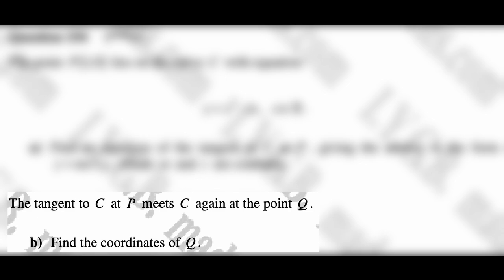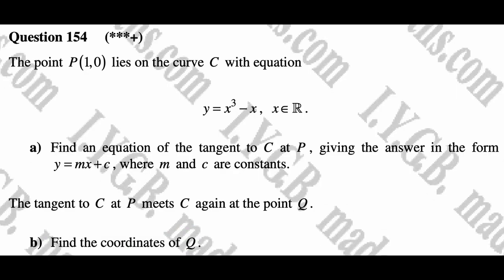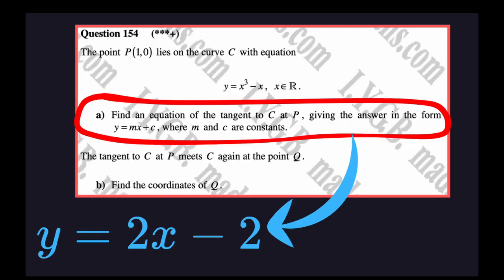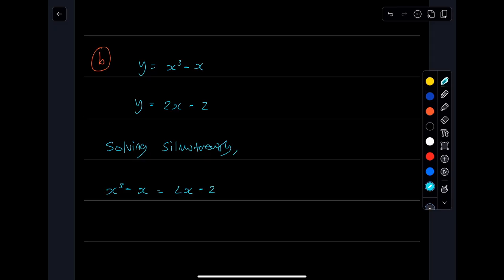Now for the next part, we're told that the tangent to C at P meets C again at Q, and to therefore find the coordinates of Q. Well, what does this mean? This means that the equation that we just found, 2x minus 2, will have to be set equal to our original equation, x cubed minus x.